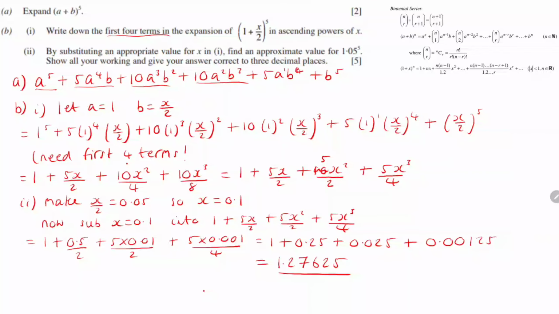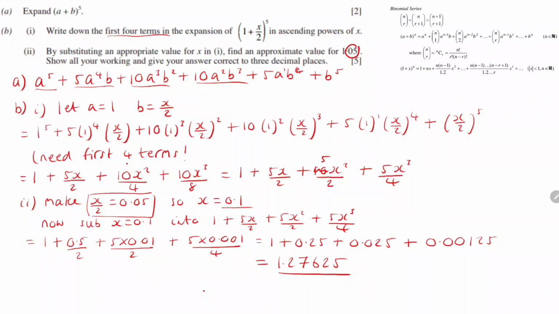Now the second part was a bit more difficult. You have to substitute a value in to make 1.05 to the power of 5. So to make x over 2 equal to 0.05, which is the extra bit that we needed here, we have to put x over 2 equal to 0.05 and then double the 0.05 to make 0.1.